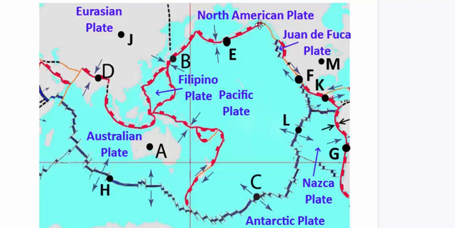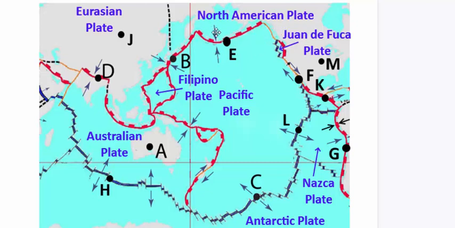Now, the boundaries between the plates are what's represented by these lines here, that are either red, orange in this case, or black. You don't necessarily see them all with these colors, but in this particular image they're represented with those colors. Now, the boundaries are borders between different plates.